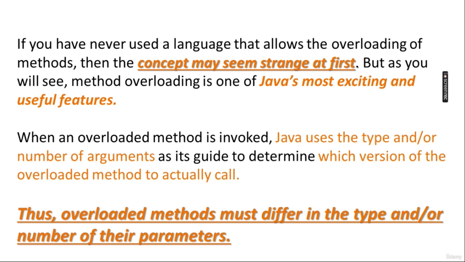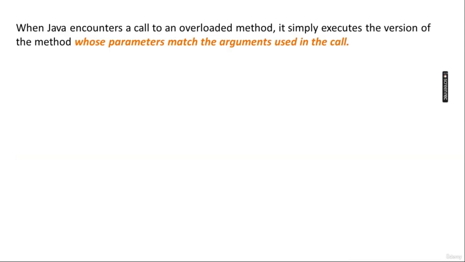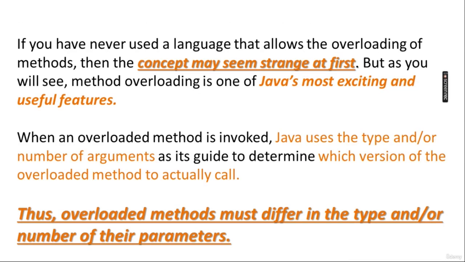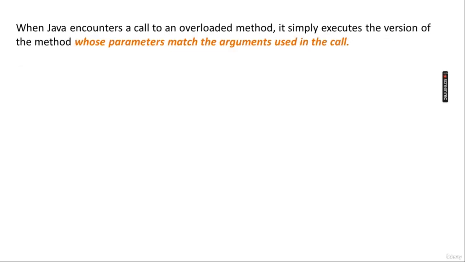So depending upon the number of parameters you are passing and the data type of those parameters, whatever the method returns, maybe int or float or character and so on, depending upon the structure of that method, Java will decide which method to call. So it must be different in the type and number of their parameters.